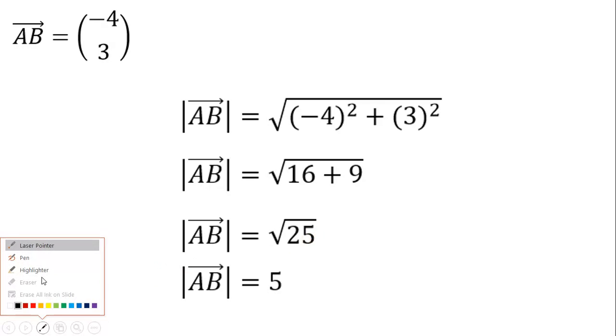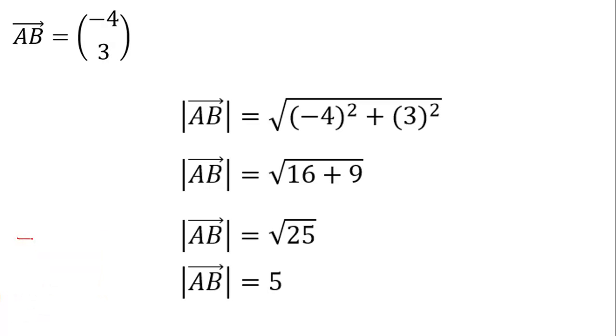Remember that 5 times 5 is 25. So the number that we can multiply by itself is 5. Therefore, the square root of 25 is 5. So the magnitude of this vector AB is 5.